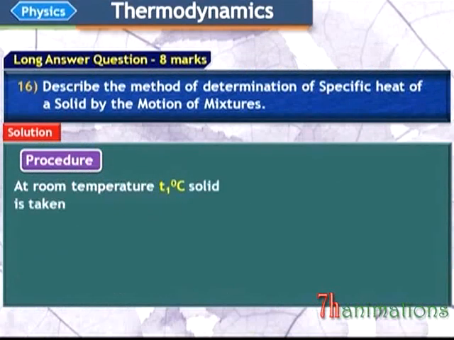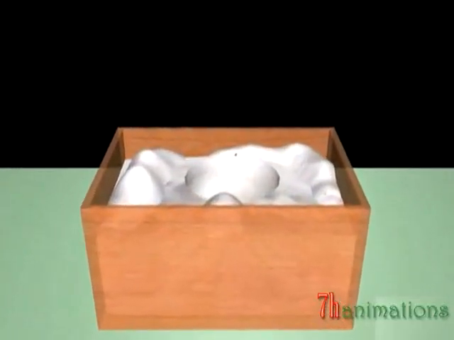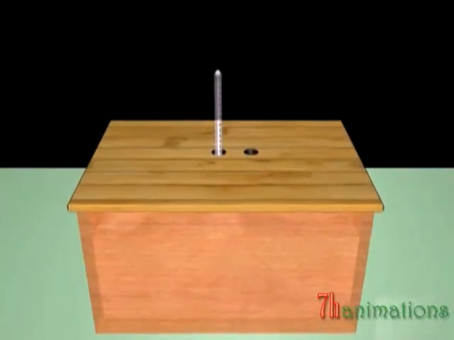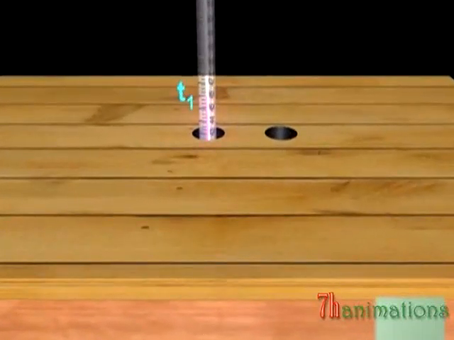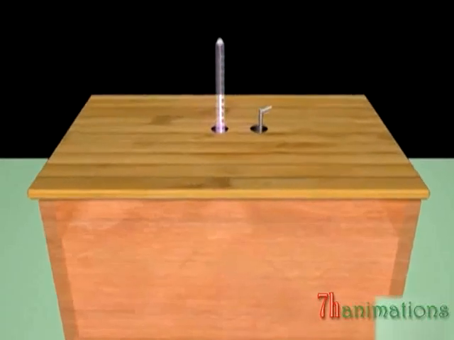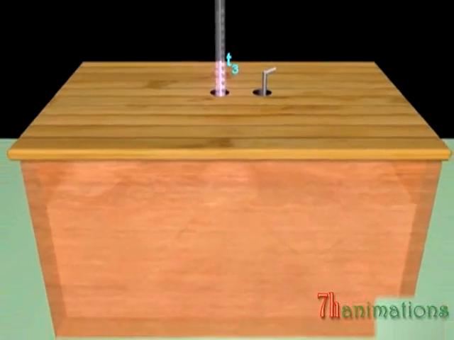The solid is taken as small pieces and heated up to temperature T2 degrees Celsius, and this is mixed with water in calorimeter. The content in the calorimeter is stirred well, and the final temperature T3 degrees Celsius is noted.